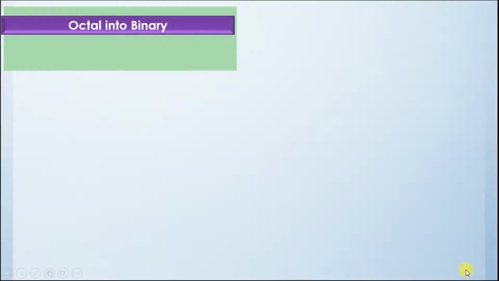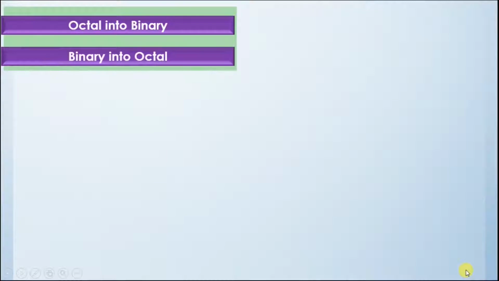So first of all, we will see how to convert octal number system into binary number system and then binary number system into octal number system. And remember that whenever we will convert octal into binary or binary into octal, we will use table for that.